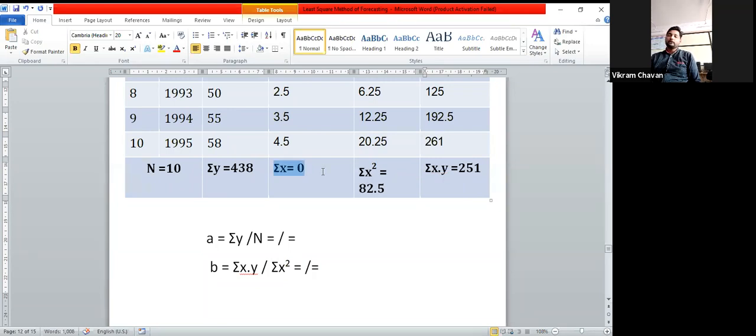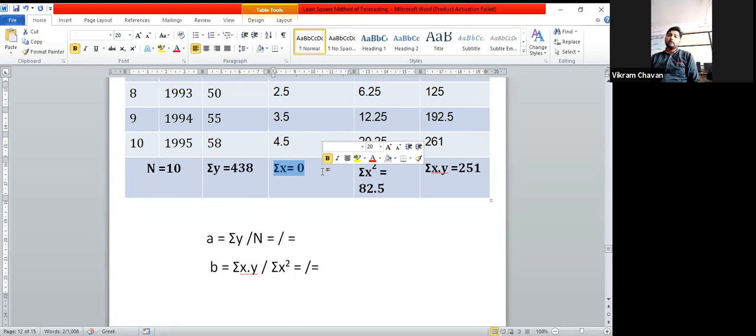Which are the two normal equations? Summation of y is equal to n multiplied by a plus b multiplied by summation of x. This is the first normal equation.